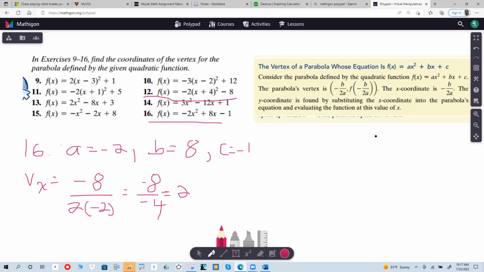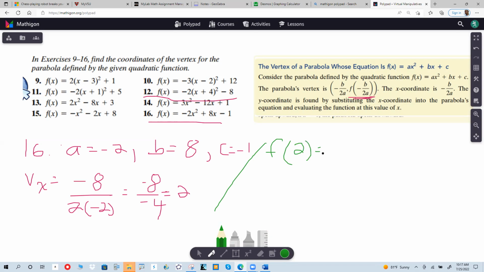That's easy. Now, what does this mean? Well, this simply means you take the value of your x coordinate, put it back in the same old function. And let's do it now using a different color. I'm going to put this in my number 16 function, replace it with 2.